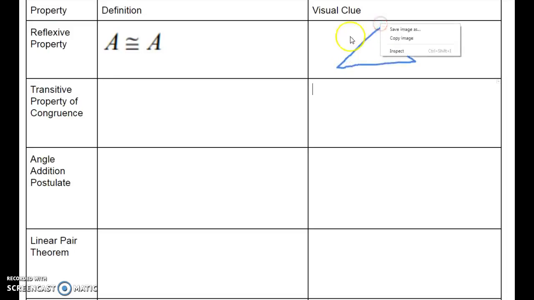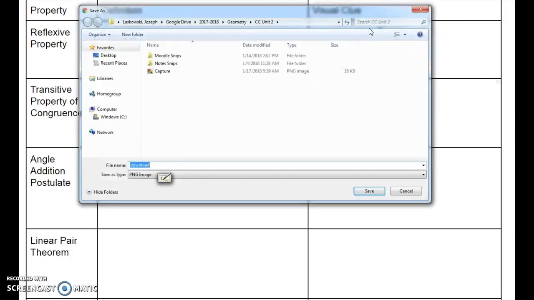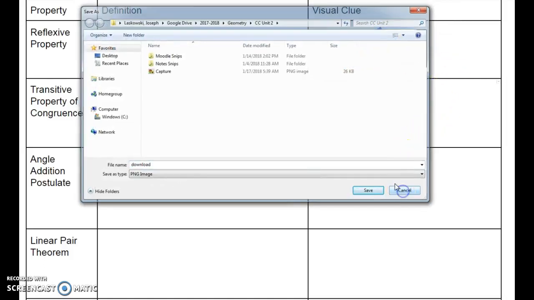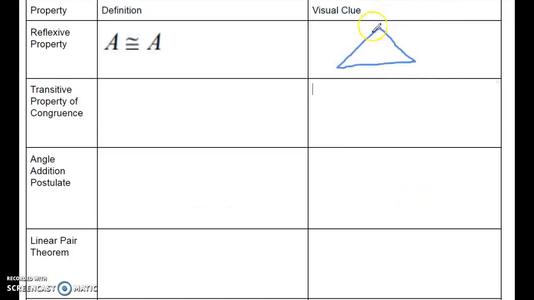Let's say you've got point A, point B, and point C here.